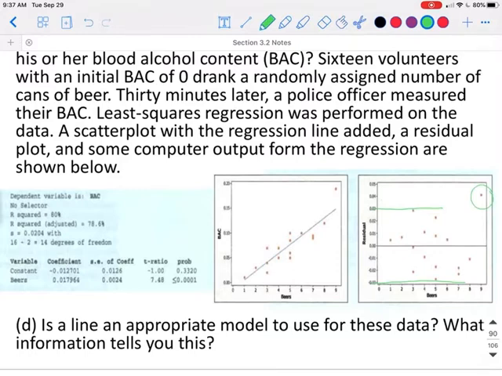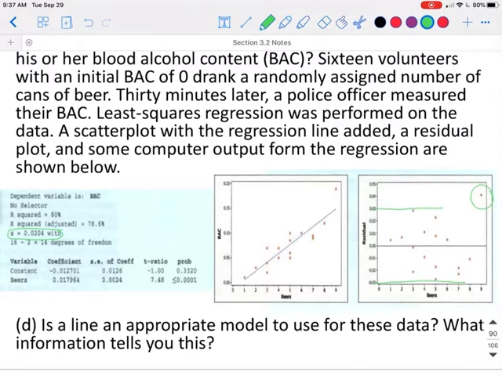So that tells us on average how far they are. We know based on our S value that our errors on average are 0.02 away. So predicting the blood alcohol content is off by about 0.02 for every person.